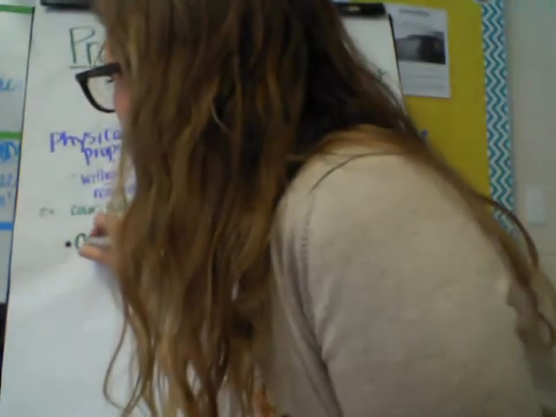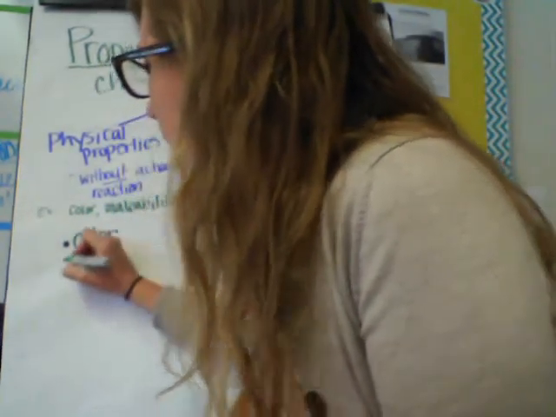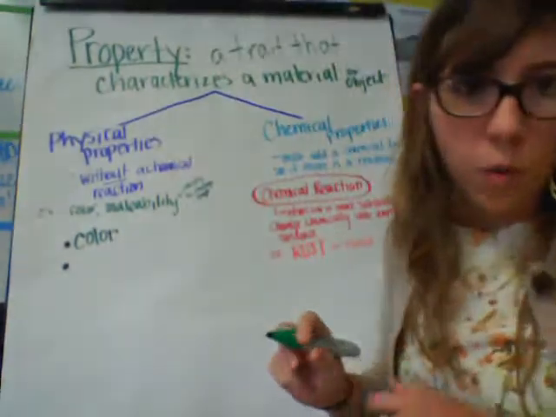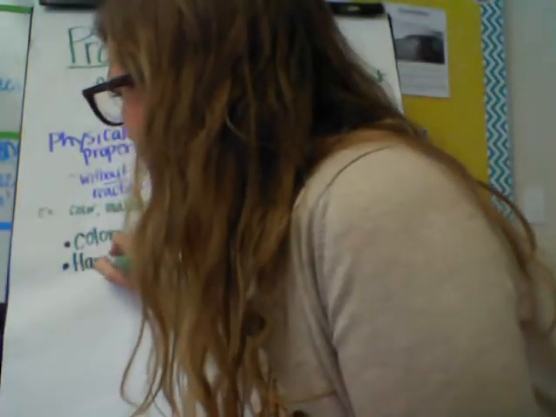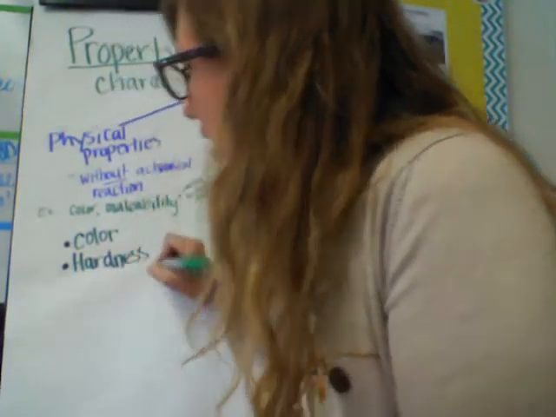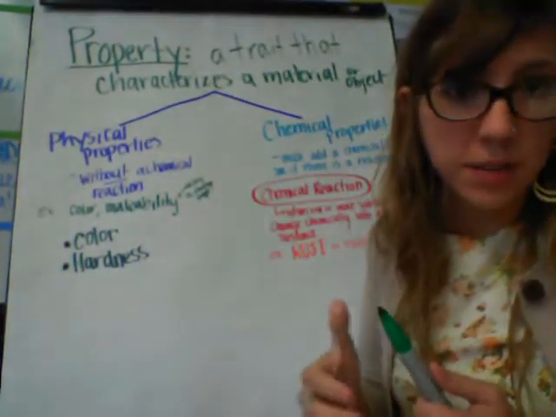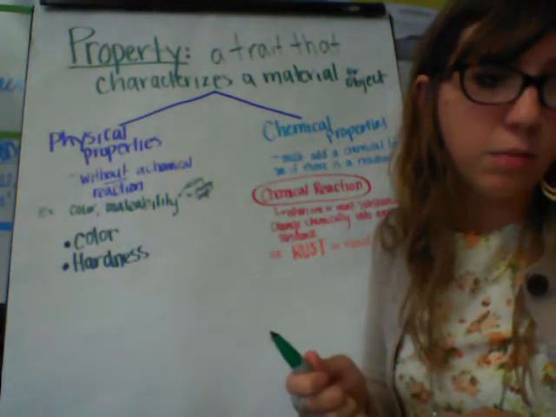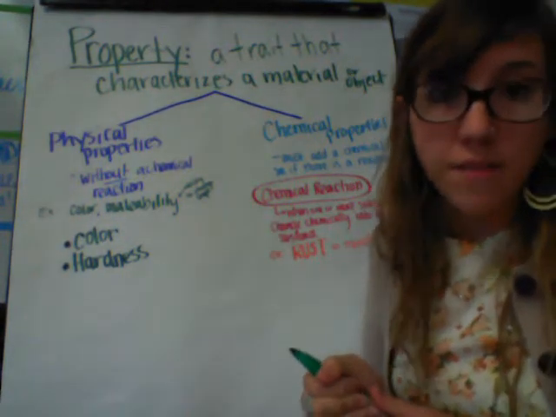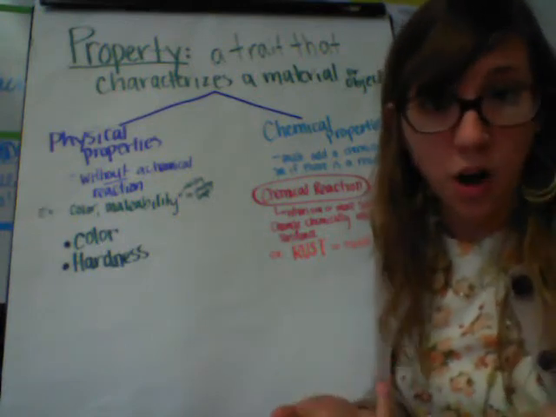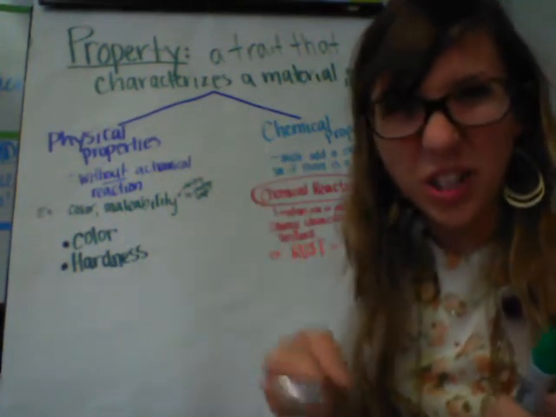Okay, so we already talked about color, and I think you all know what color is. Okay, hardness. The hardness of a substance is its ability to resist scratching. So if something is not very hard, it's more soft if you can kind of scratch into it.